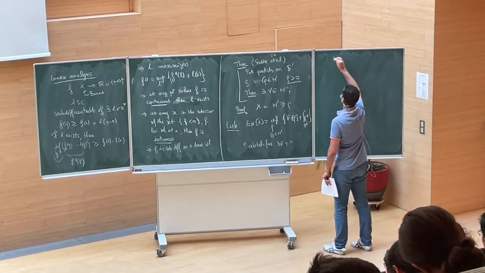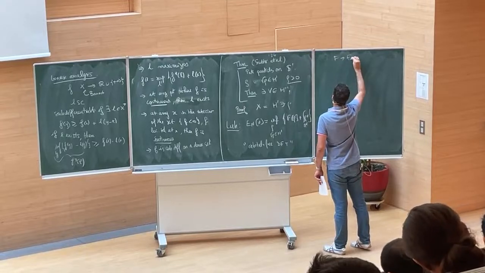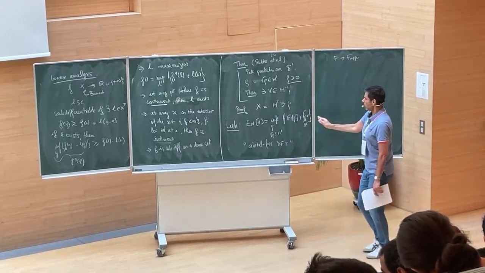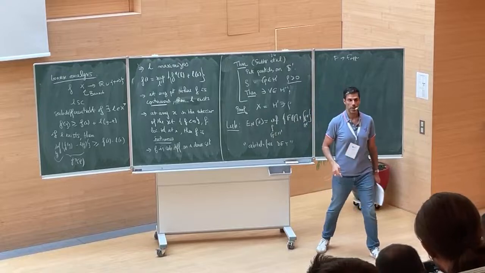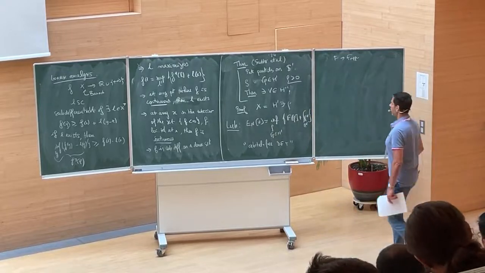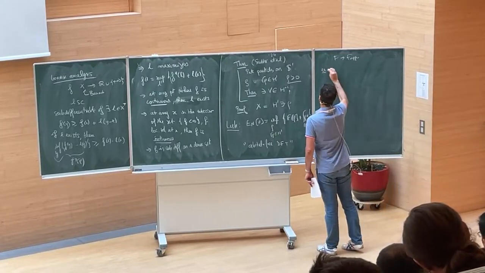So the idea is that you replace F by an approximation, and then you solve this problem and you find an approximation of the N-body problem. Example: Thomas-Fermi.